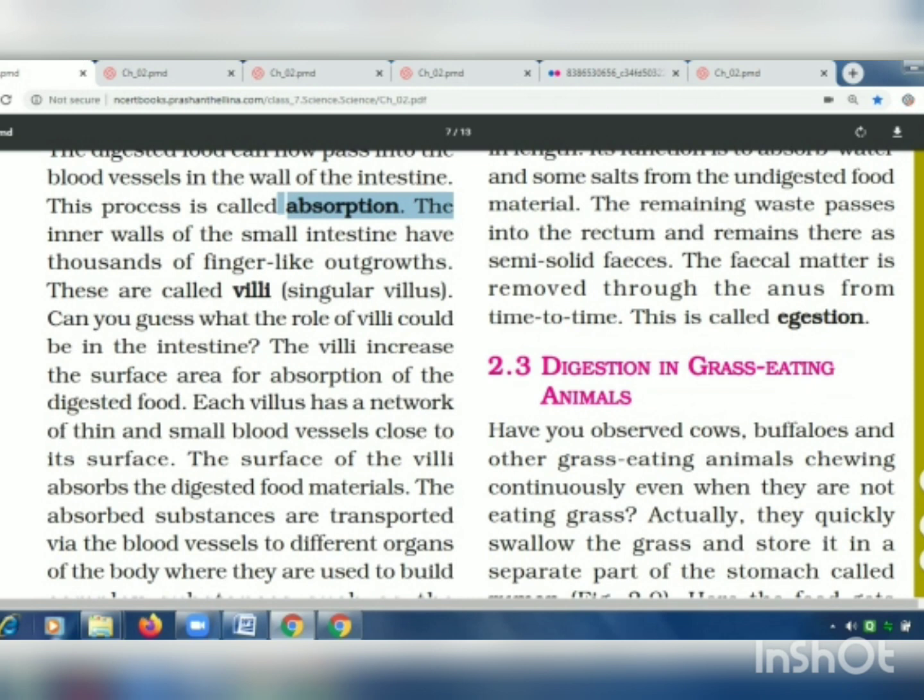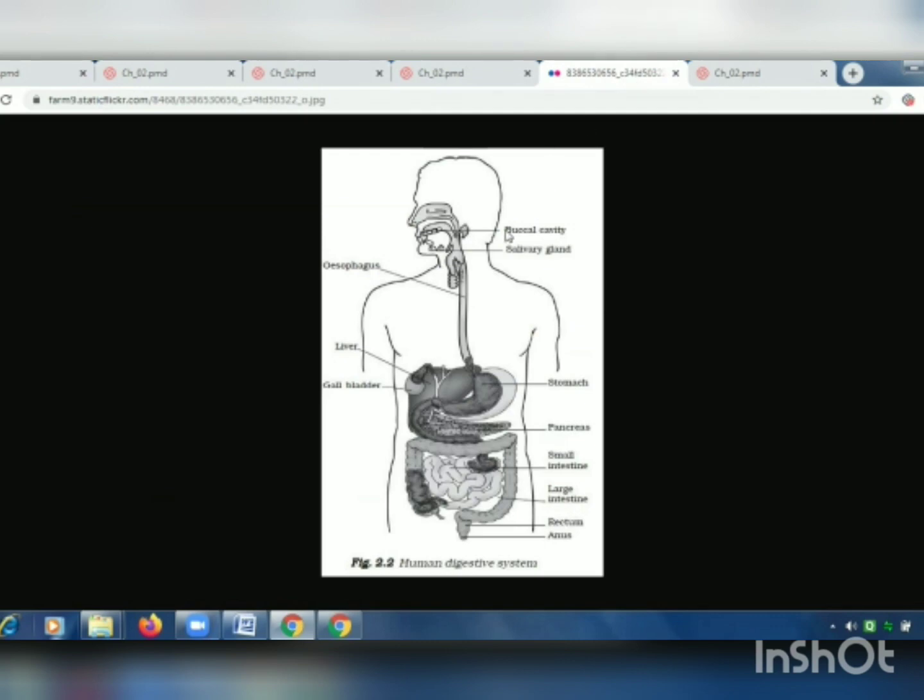So here we complete the process of digestion that occurs in the human body. What happens? Our food enters our body through the buccal cavity inside our mouth. The tongue and the teeth help to break down our food. The tongue helps to mix it with the saliva secreted by the salivary glands, and when we swallow, it passes through the esophagus.